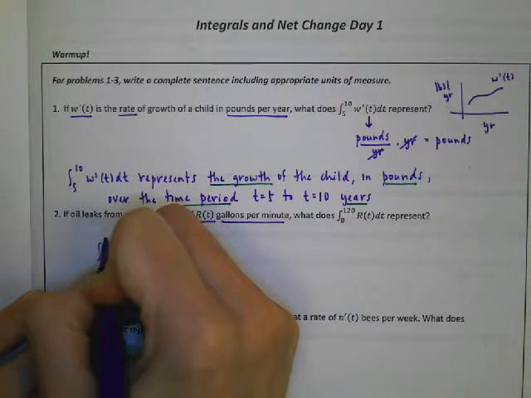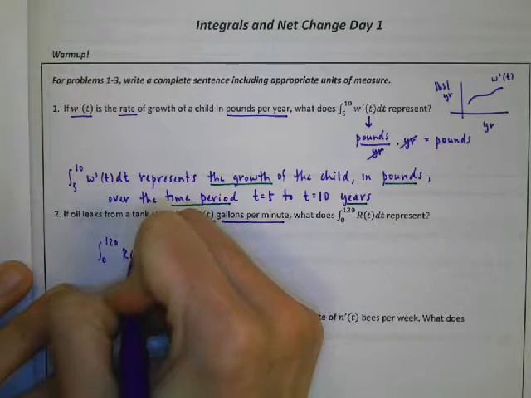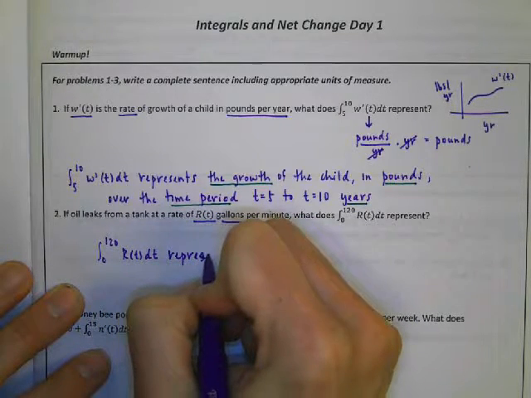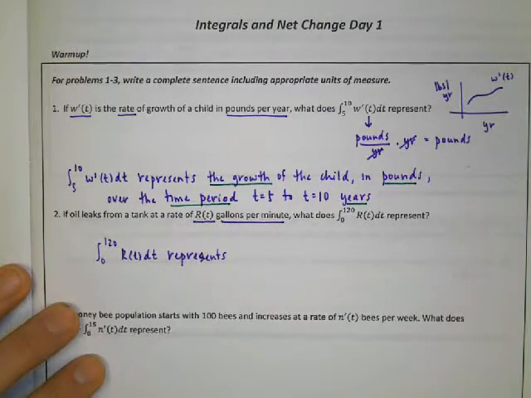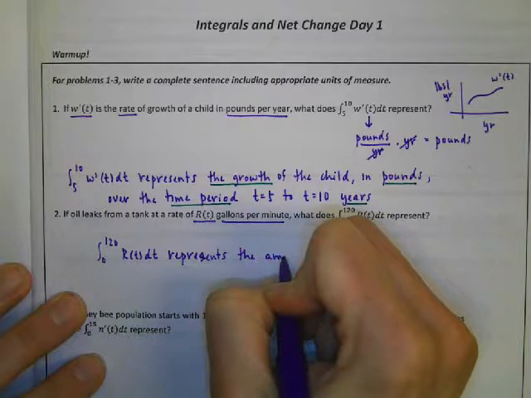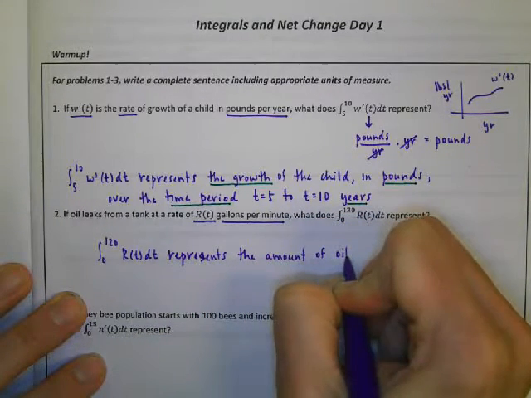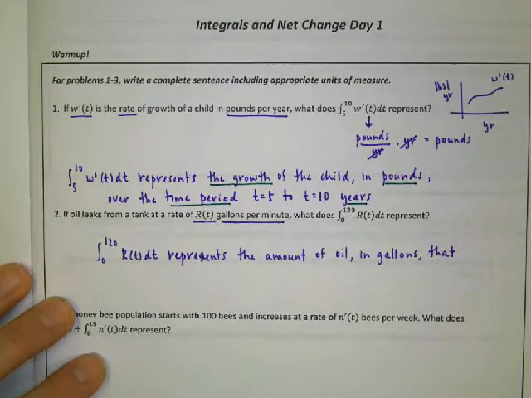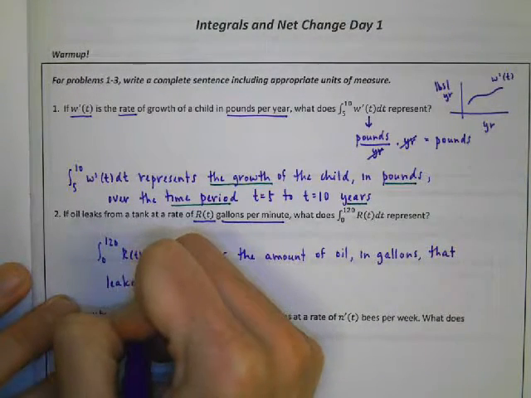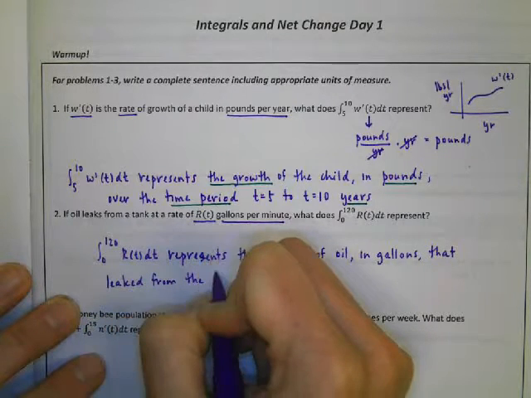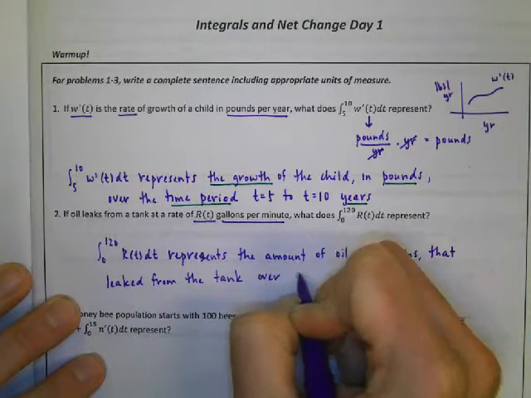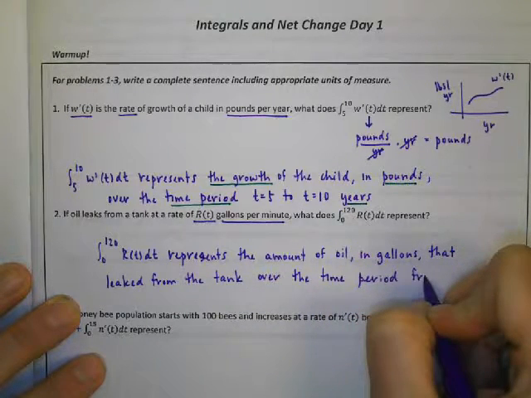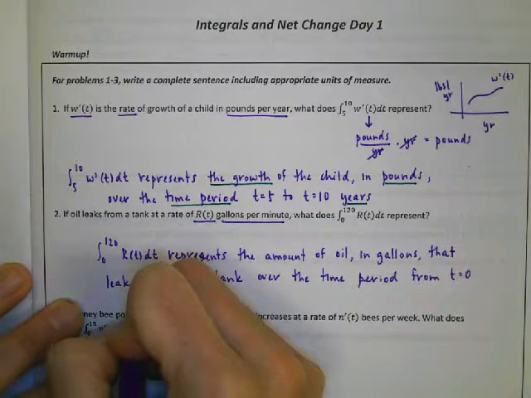So now I know that the integral from 0 to 120 of R of t dt represents the amount of oil in gallons that leaked from the tank over the time period from t equals 0 to t equals 120 minutes.